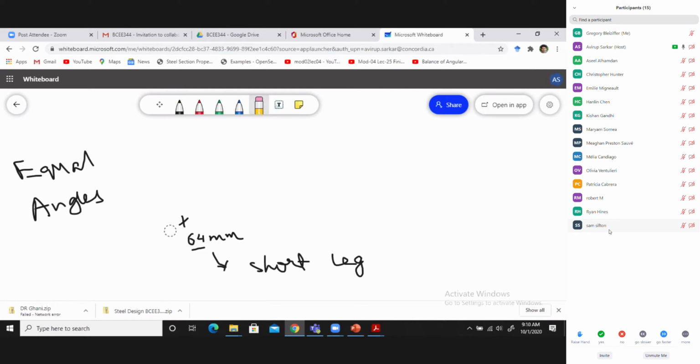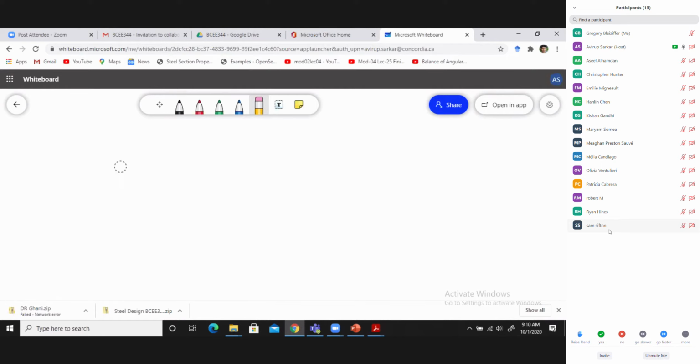Now, what do we mean by long legs back to back? Long legs back to back means the 76 sides have been placed like this. Okay, so these are basically the 64 sides.